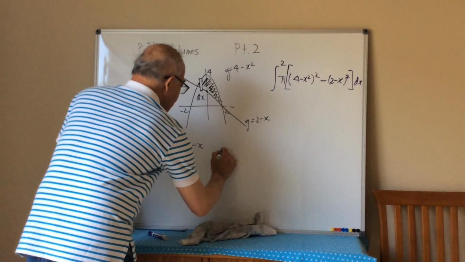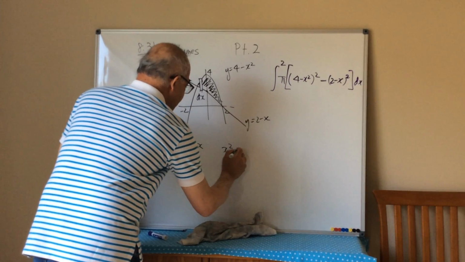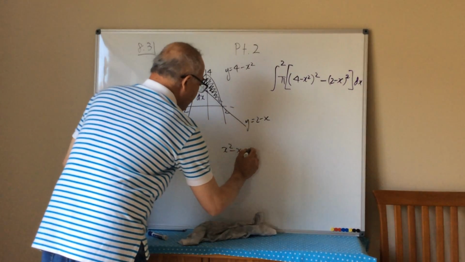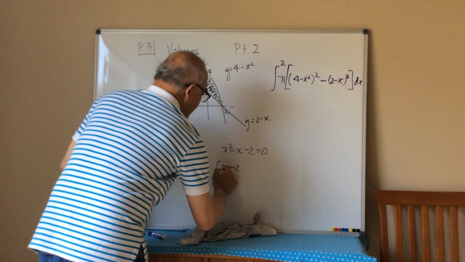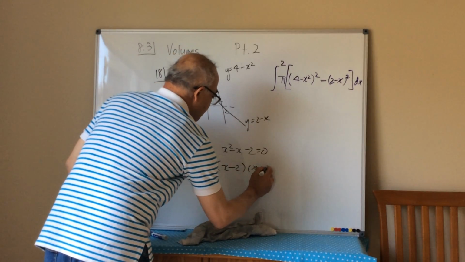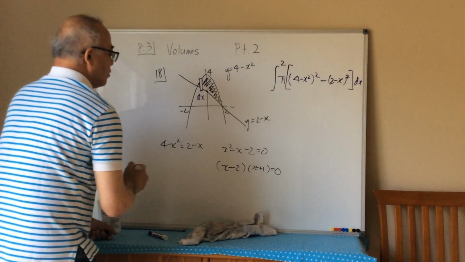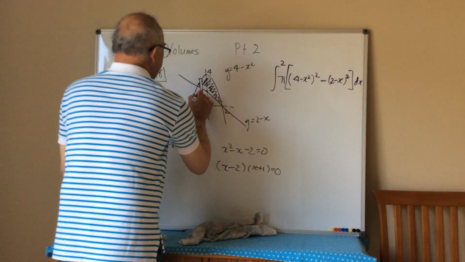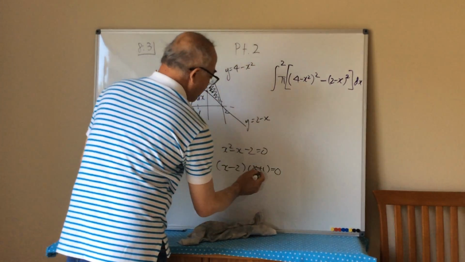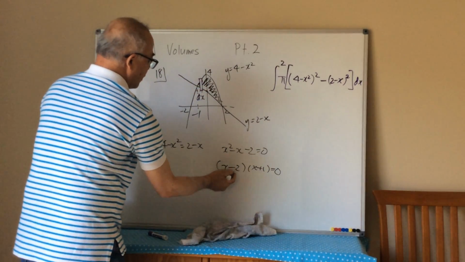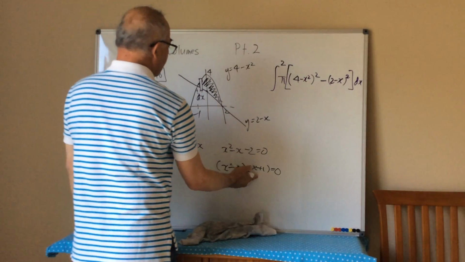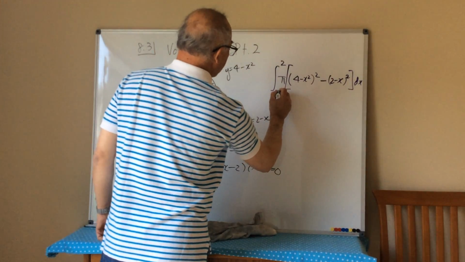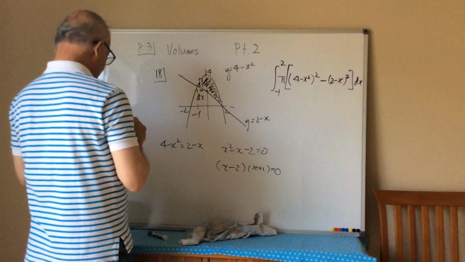So I move the x squared over here, minus x, move that over here, minus 2 is equal to 0. So x minus 2, x plus 1 is equal to 0. So obviously this guy here is going to be negative 1. The other one is over here, we already knew that. So this is going to be from negative 1 to 2, okay?